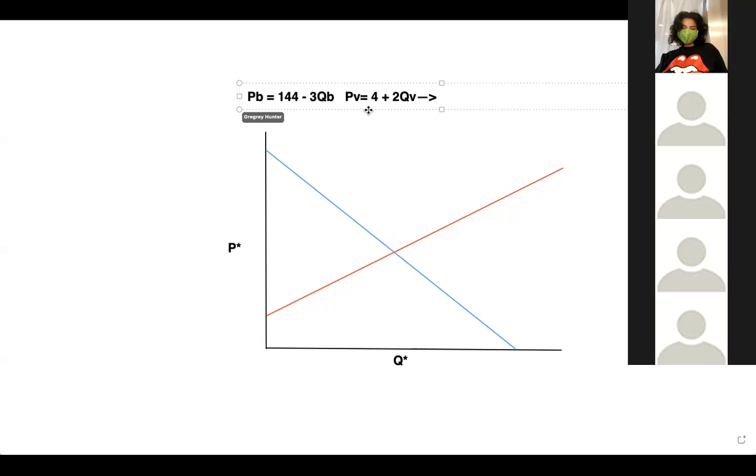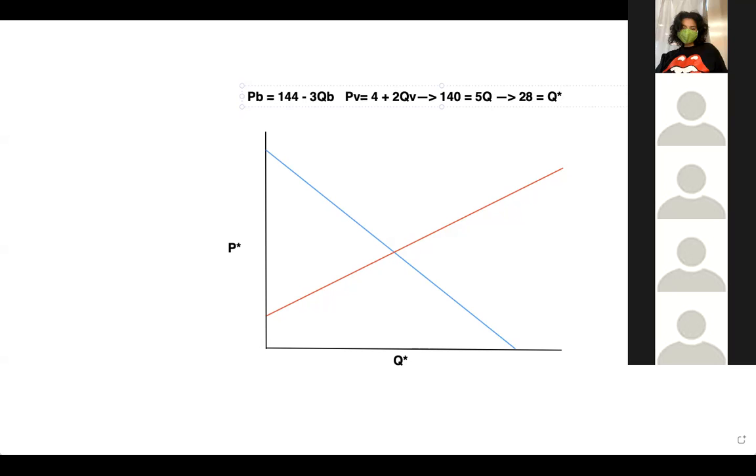If I set those equal to one another, I'll end up on one side of the equation with 140 equal to 5Q, and 140 divided by 5 is going to be 28, which is Q star, right, Stephen? Correct.